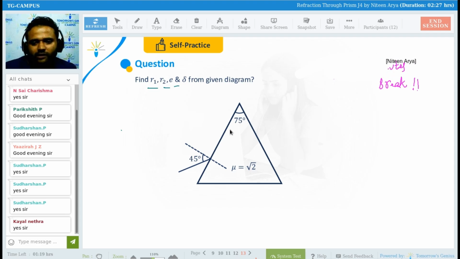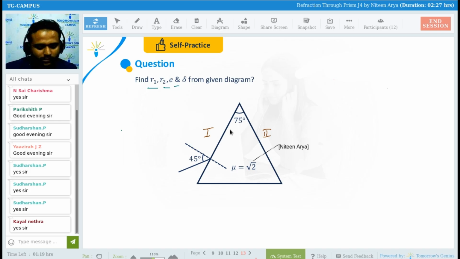Very easy. For the given diagram, you can say the refractive index is given for this particular surface 1 and for this particular surface 2. A is given, I is given, R2 you can find, R1 you can find, right? The moment you can find R1, automatically you can find R2 without a doubt, isn't it?